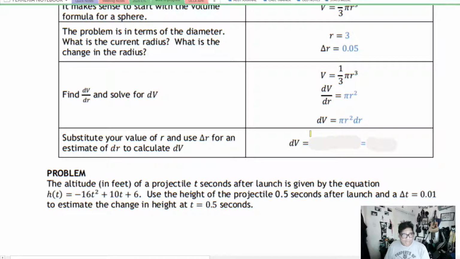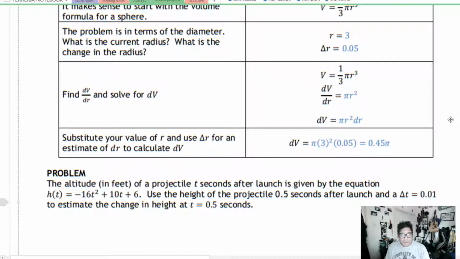So now that we've done that, we're going to substitute our value of r, and we're going to use the delta r to estimate dr. So what does that mean? It means we're substituting 3 for r, because that's the current radius, and we're substituting 0.05 for dr because that's our delta r. Remember our delta r from up here that we identified. And that gets us to 0.45 pi.